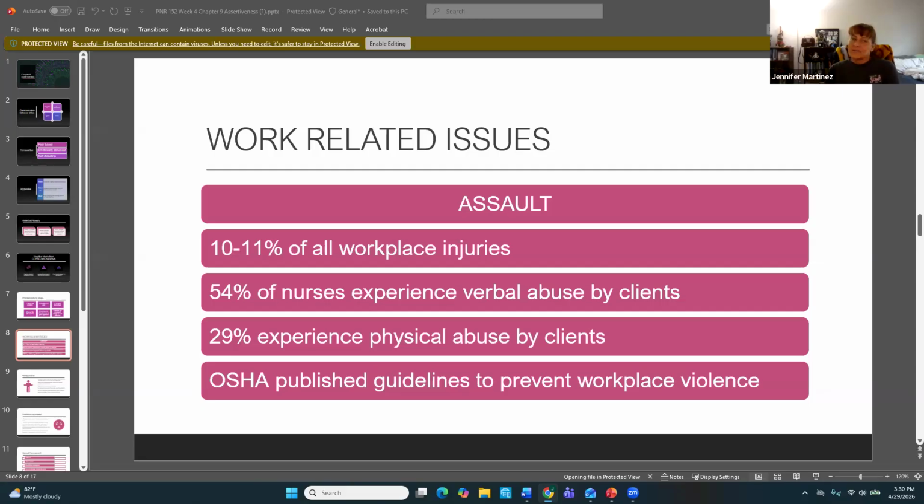So, you know, just always be careful. OSHA, okay, again, which is the Occupational Safety and Health Administration, they have published guidelines to prevent workplace violence. So OSHA is there to protect the workers from workplace violence. And they have also set guidelines about what organizations need to offer as far as keeping their staff safe.